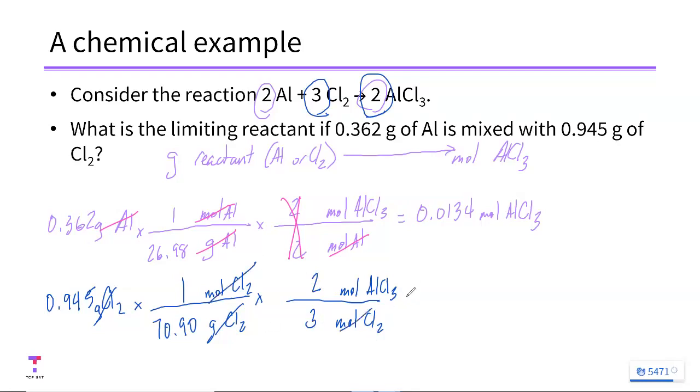The moles of chlorine cancel. The numbers do not this time. 0.945 times 2 divided by 70.90 divided by 3. 0.00889 moles of aluminum chloride.